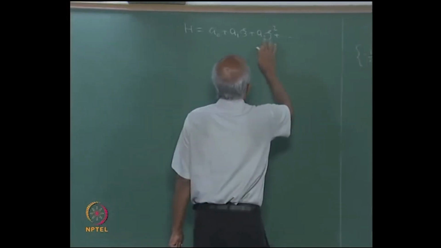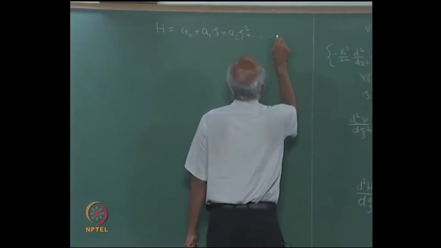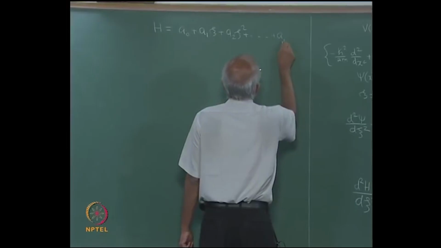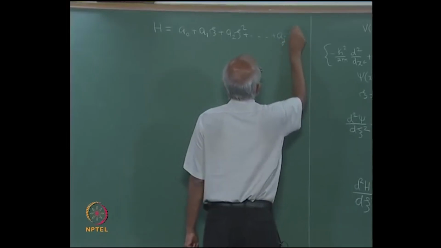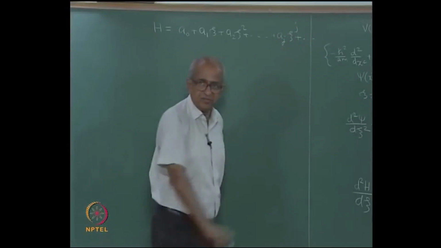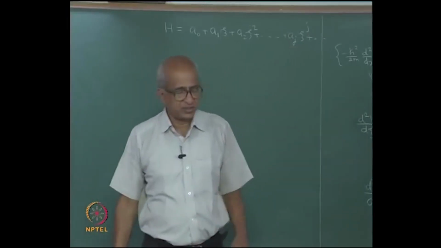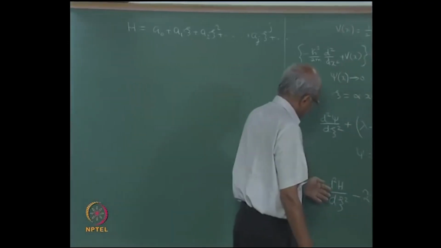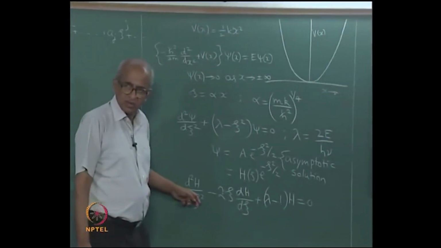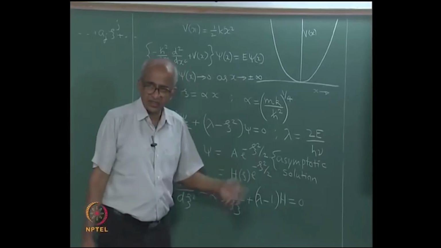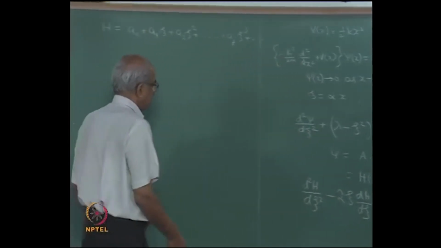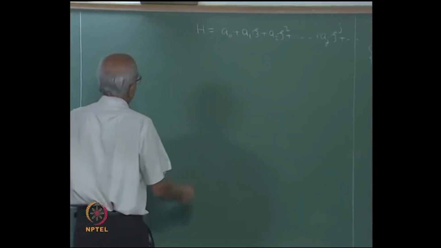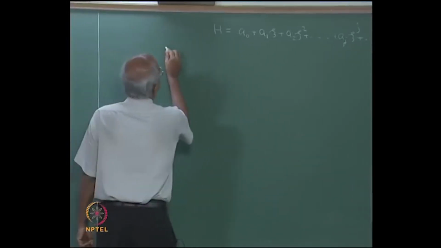So, what is going to happen is that you see here I will have a term like aj c to the power of j, and then of course it goes to infinity. That is the way the series is. So, what I am going to do is I am going to substitute this here, and see what the result is. So, in order to substitute that, I should first evaluate dh by dc.